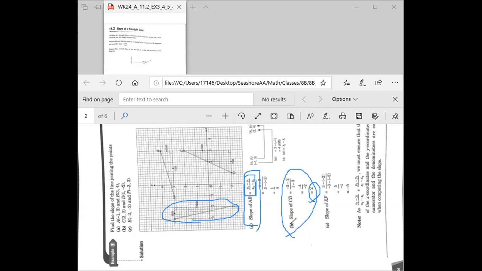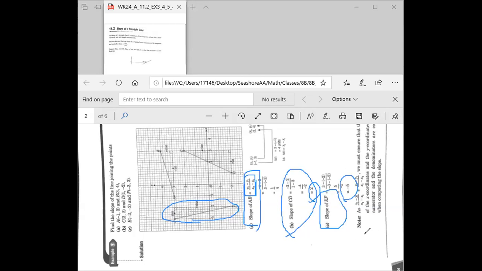We know y2 minus y1 for EF is 3 minus negative 2, so that equals 3 plus 2, over x2 minus x1. x2 is minus 3 minus negative 2, so it would be negative 3 plus 2. So the answer for the slope of EF will be negative 5.